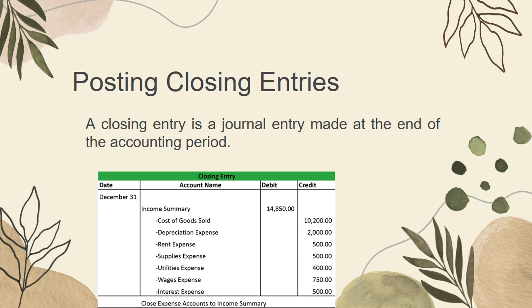Temporary accounts include revenue, expense, and dividend accounts, while the permanent accounts consist of asset, liability, and equity accounts. By completing the closing entry process, the temporary accounts are zeroed out, preparing them for the next accounting period. The closing entry ensures the accuracy of the financial statements and provides a clean and fresh start for recording transactions in the next period.